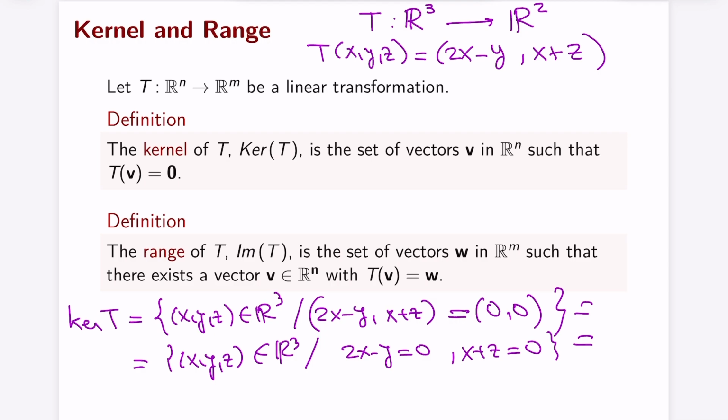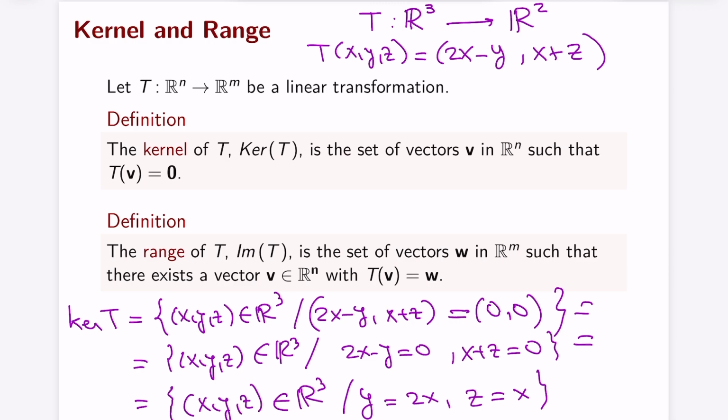And we can solve the system of equations and say that the kernel is the set of x, y, z in R3 such that, putting everything in function of x, y is equal to 2x and z is equal to x. So if you like, you could also put that in the definition of the vectors. In any case, this kernel is defined as the vectors in R3 such that y is equal to 2x and z is equal to x.